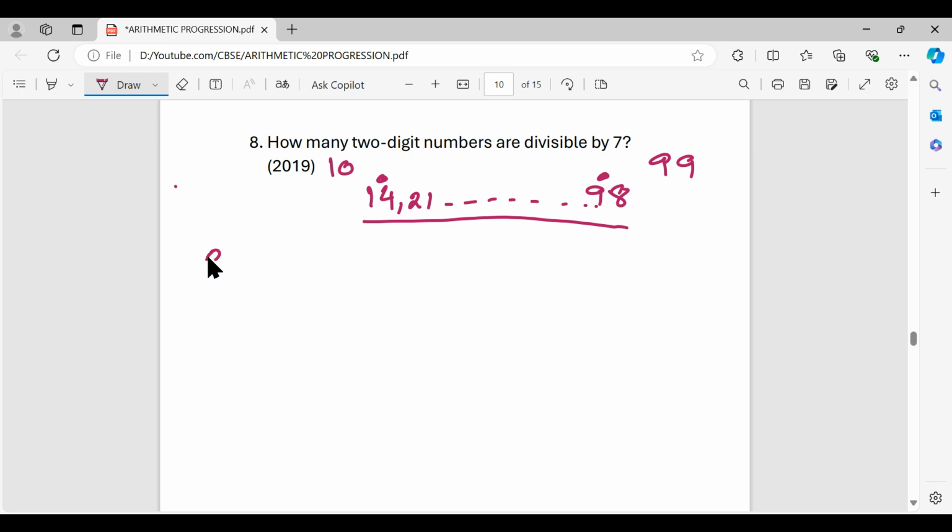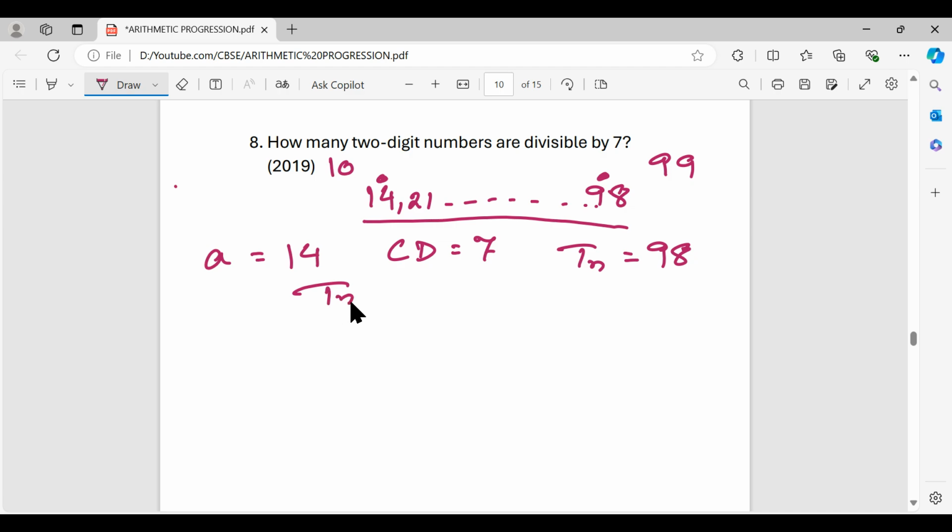So a is 14, and the common difference, since these are multiples of 7, is obviously 7. Our nth term is 98.